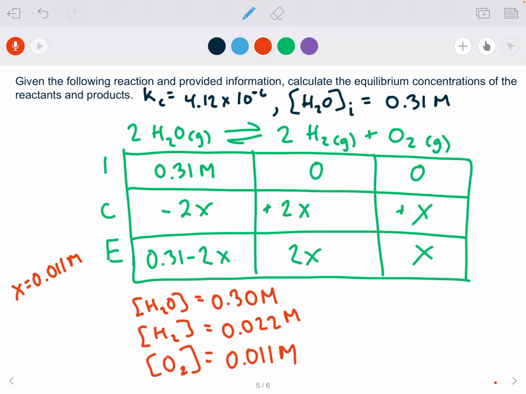So that is how you solve a question where you're given a Kc value and an initial concentration, but you're not given any of the equilibrium concentrations.